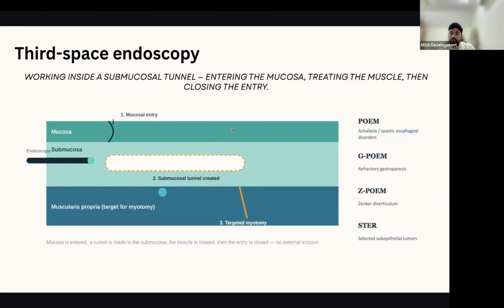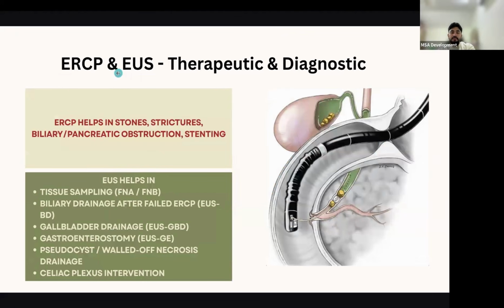You can treat that through the submucosal tunnel. You can do your Zenker diverticulum. You can do your refractory gastroparesis. So this is just an idea, right? This is where you go and treat, and then you basically close it. There's no any external incisions. All good, right?